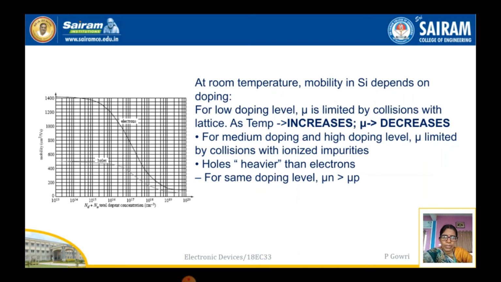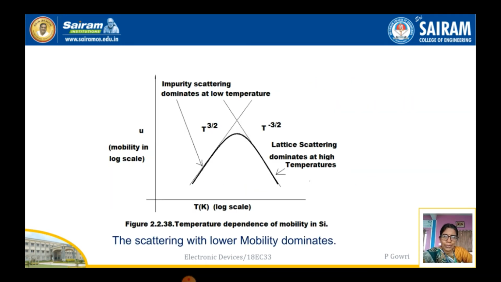At low temperature, the scattering will be mainly due to impurity scattering. That is, the impurities which are present in the semiconductor material will result in scattering, and this will dominate at the low temperature, and the mobility is directly proportional to T to the power 3 by 2.